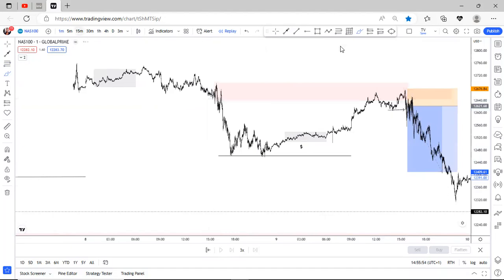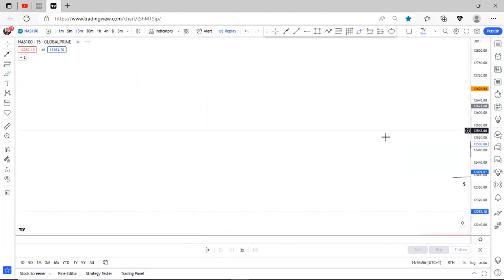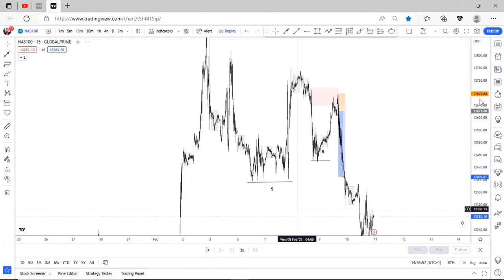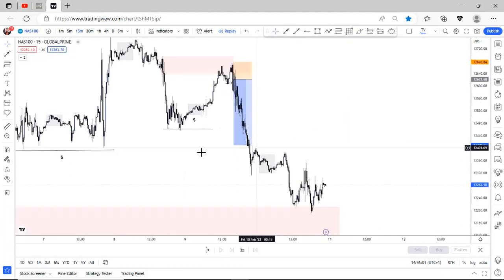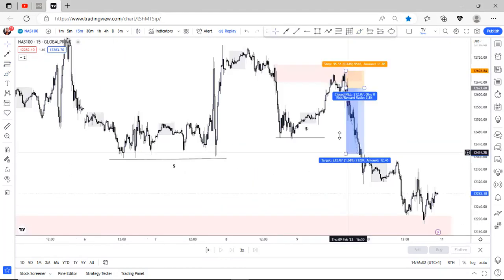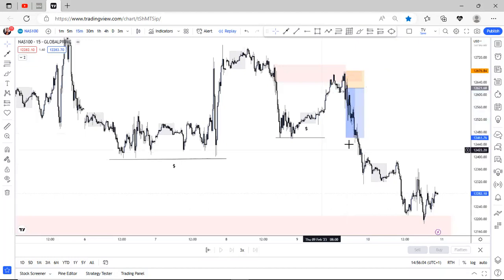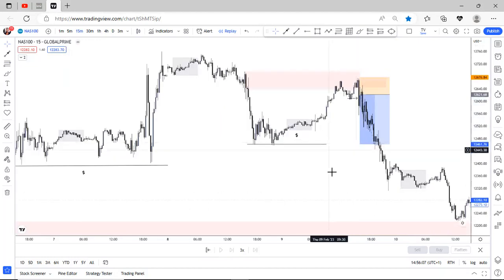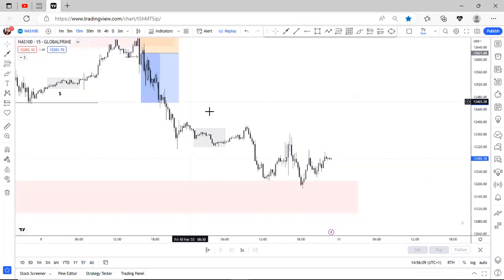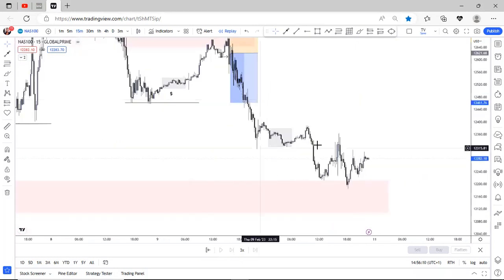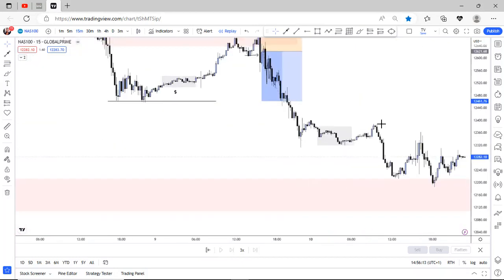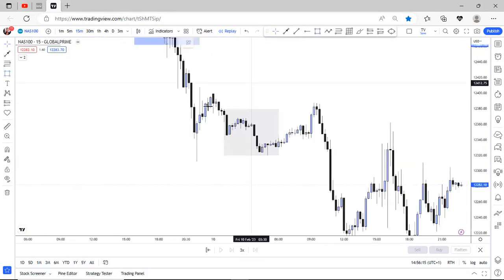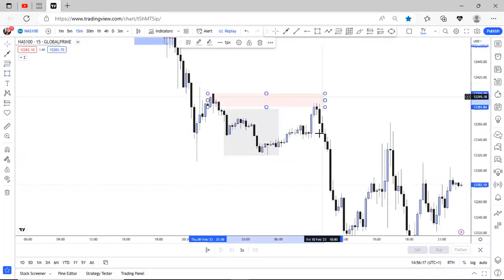So on this particular day, on Thursday, I took my profit at this low right here. I left the trade, and as you can see, later on through Friday, the market found supply at this level.